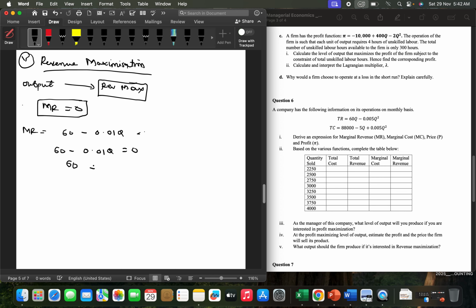I move this to the right hand side, becoming positive 0.01 Q. I divide both sides by the coefficient of Q, which is 0.01. So Q is equal to 60 divided by 0.01. That gives me 6,000.